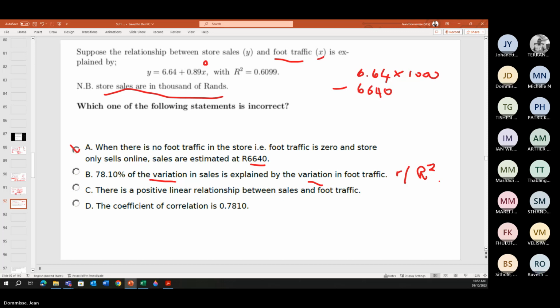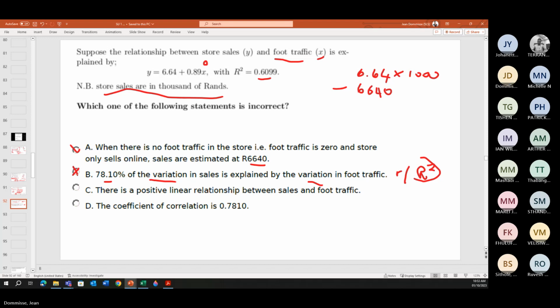Okay, perfect. So just make very sure, when you look at your definitions of coefficient of correlation and coefficient of determination, that this is for R square. They give us R square, so this one is incorrect.